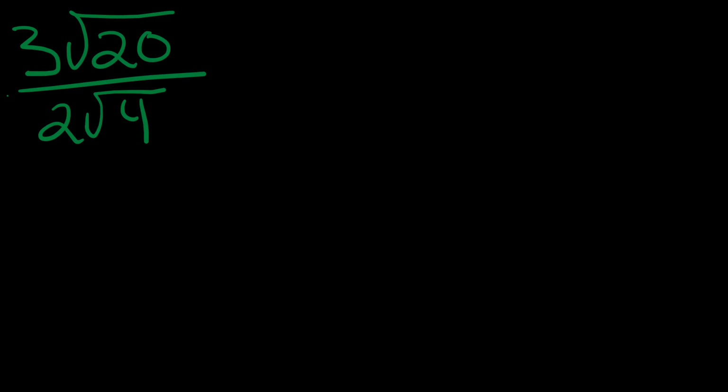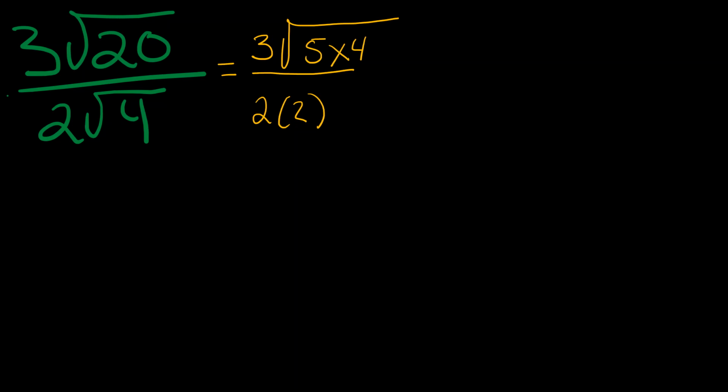So in this case, I have 3 root 20 divided by 2 root 4. Let's simplify. Because the square root of 4 is just 2, we can rewrite the denominator as 2 times 2. And then on top we have 3 times the square root of 20, but I'm going to rewrite 20 as 5 times 4.